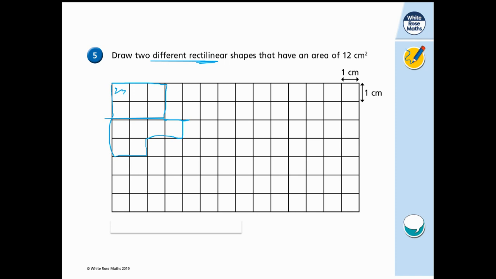So I've got 1, 2, 3, 4, 5, 6, 7, 8, 9, 10, 11, 12. And I've only used what's supposed to be straight edges. Okay, you could have had any there, but you just have a go. Just send us a picture and show me what you've done.